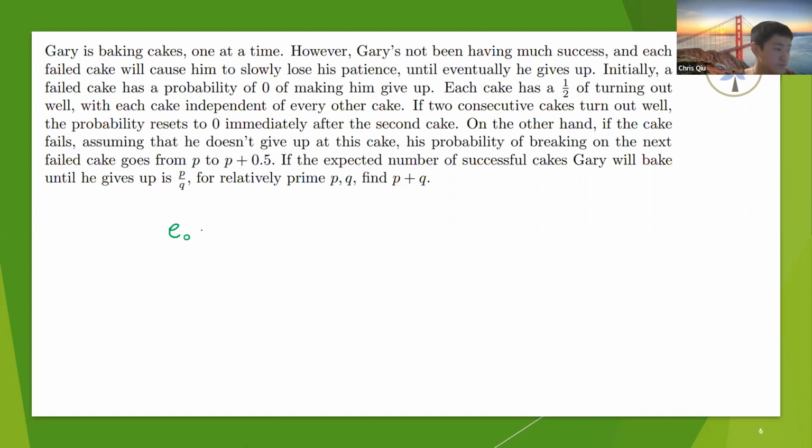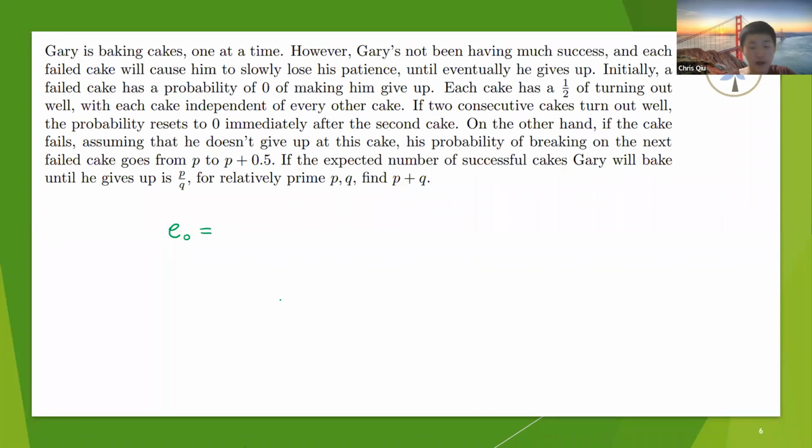In other words, either this is his first cake, or his probability was just reset to 0 on the last cake. So we're gonna call this expected value E0.